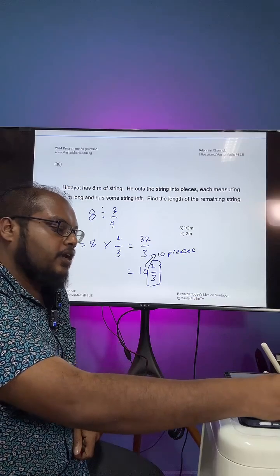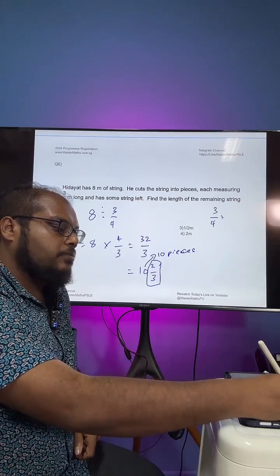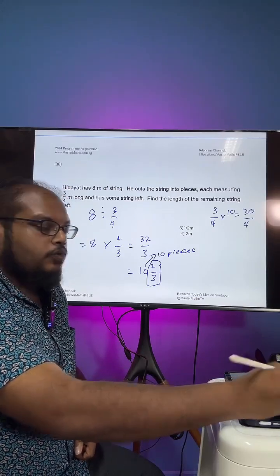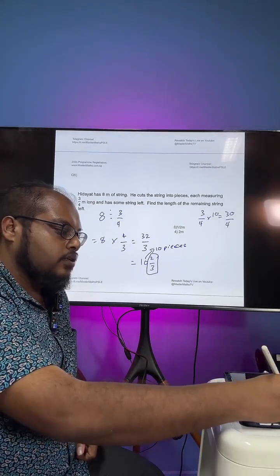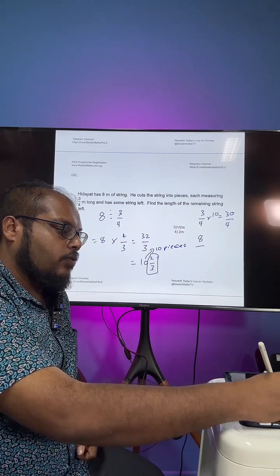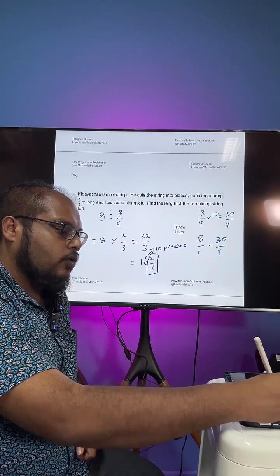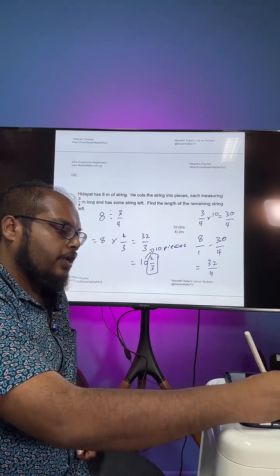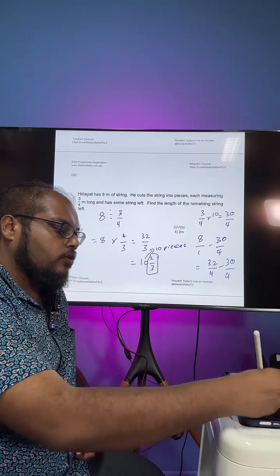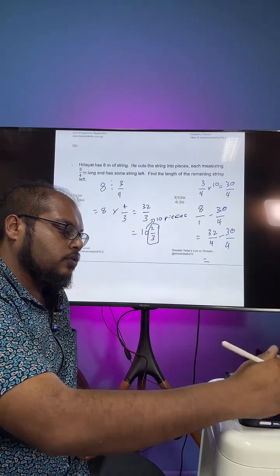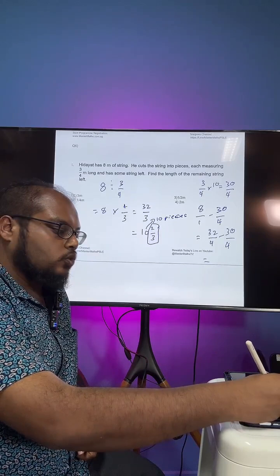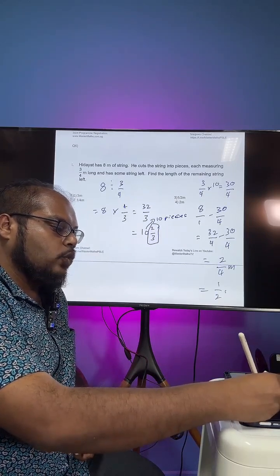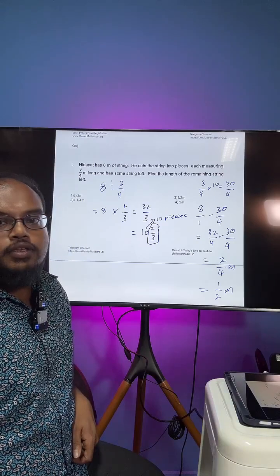If you got 10 pieces, 3/4 times 10 is 30/4. To find the remaining piece, we take 8/1 minus 30/4, we get 32/4 minus 30/4 equals 2/4 meter. In simplest form, 1/2 meter.